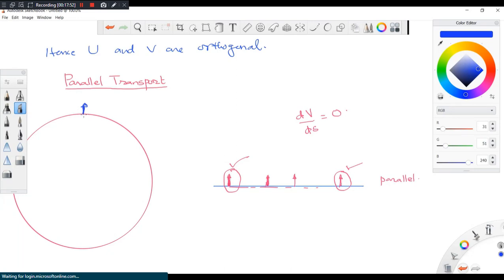Now I am moving from this point A to another point B. I keep the property that when I move from this position, when I reach here, it should also be perpendicular to the surface. And when I reach here, it should be perpendicular.